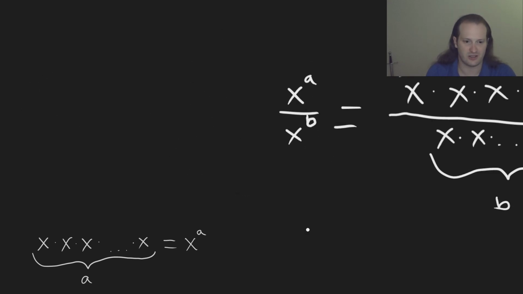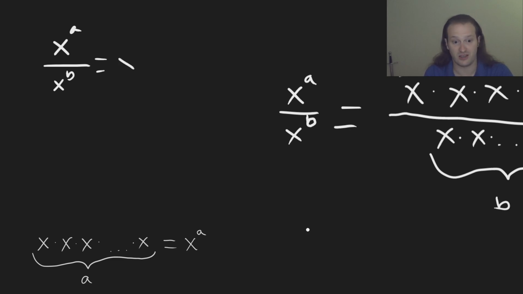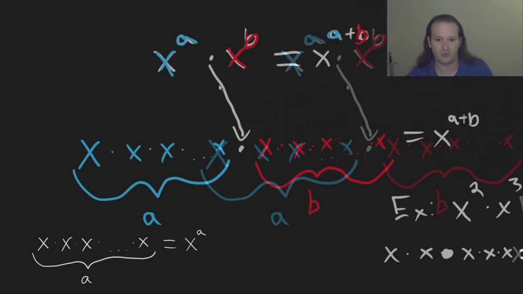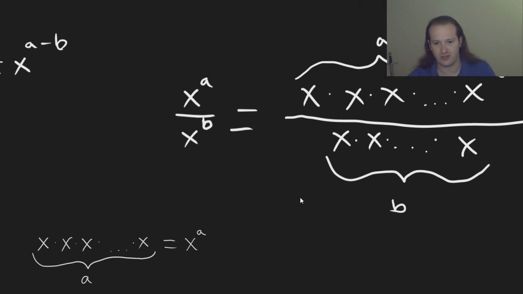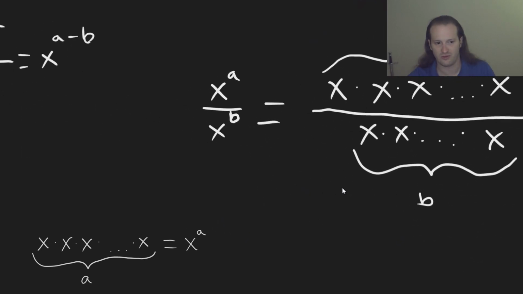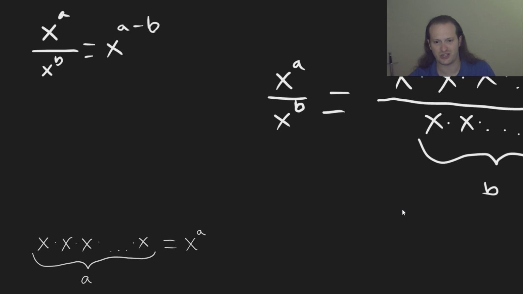The shortcut is x to the a divided by x to the b, unsurprisingly, is x to the a minus b. Instead of multiplying and then adding, we're dividing them, so we subtract. In this setup of the proof, it's easier to show with a specific amount of x's, so we're going to go straight to the example.